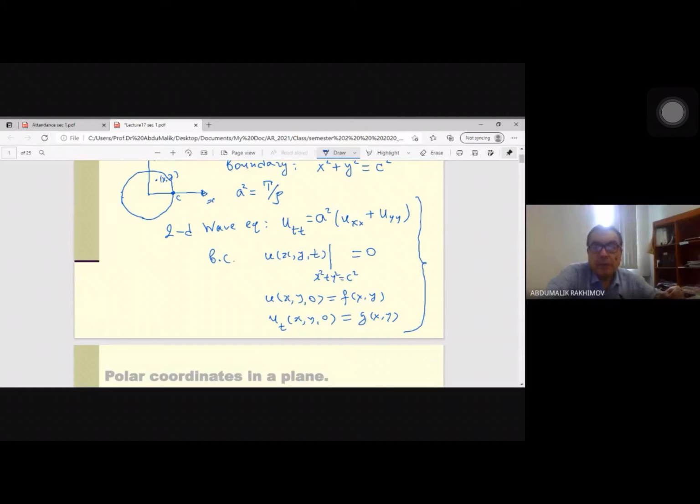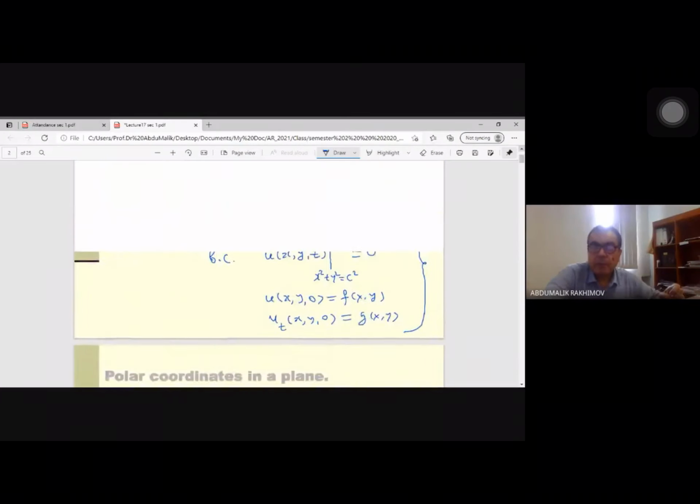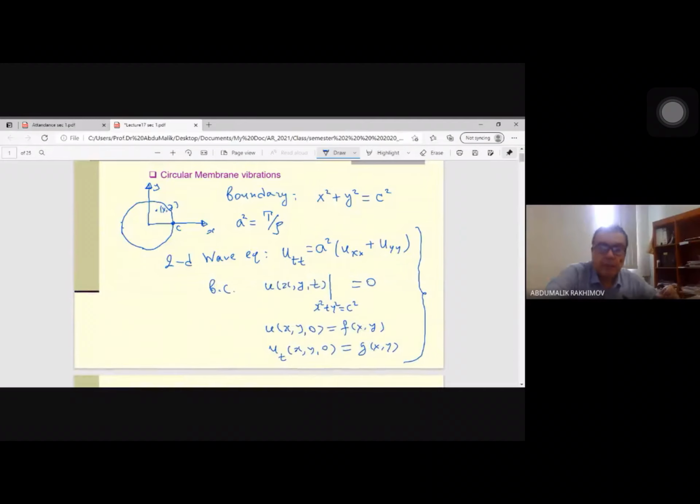If we try to split the equation like in the previous case, it means if you search for a solution in the form u equals X(x)Y(y)T(t), as in the previous class, because splitting has nothing to do with the boundary, right?